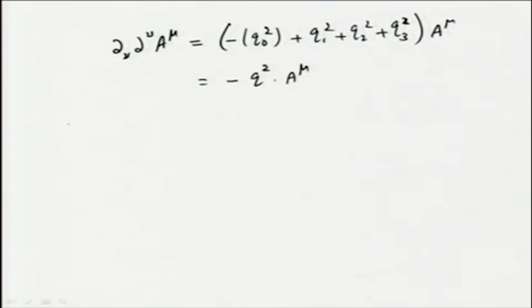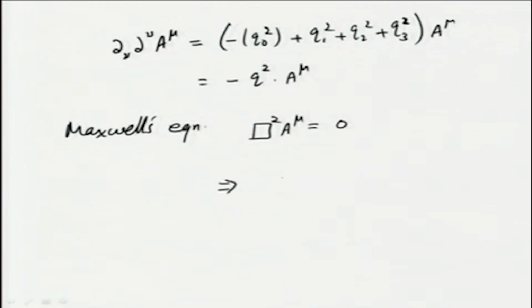And we have Maxwell's equation with Lorentz gauge condition, box square A mu equal to 0, and that gives us minus q square A mu equal to 0.